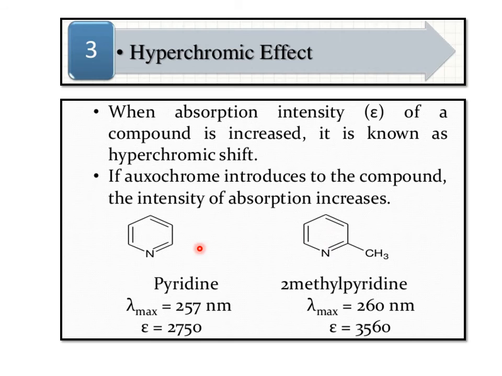Whereas when we substitute a methyl group at the second position, we get a value around 260 nanometer. So here, 257 nanometer to 260. The absorption intensity increases when a methyl group is introduced into the pyridine.